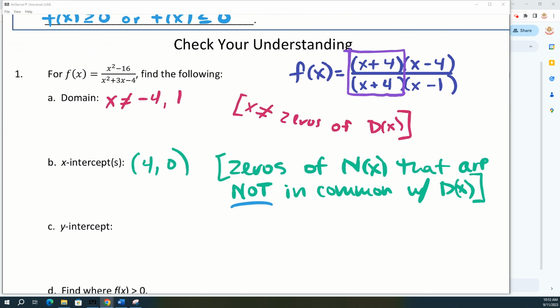And for the y-intercept, we want to put 0 in for x. We can put it into either form, either the factored form or the original. I think it's way easier to put it into the original because anything that has an x, you can just cover up. And then what does that leave you with?